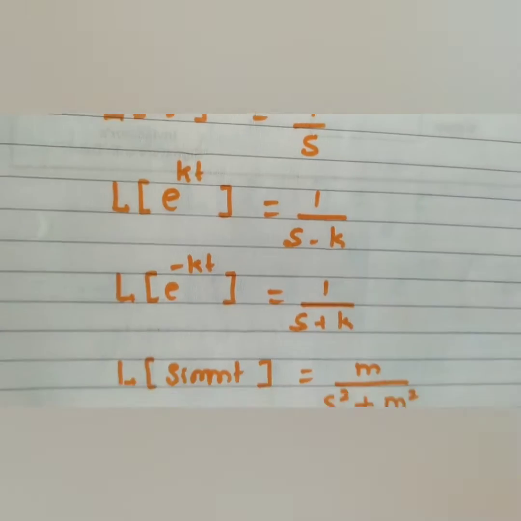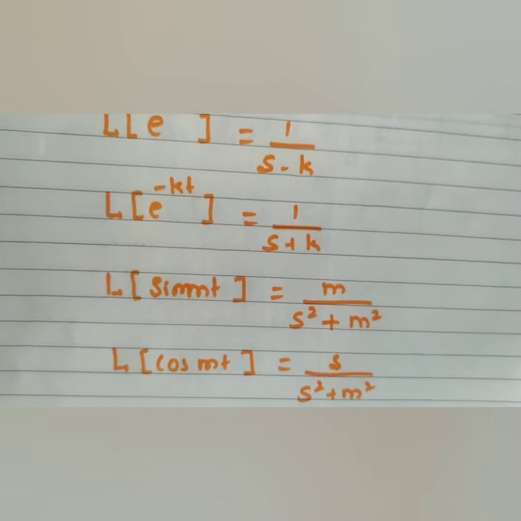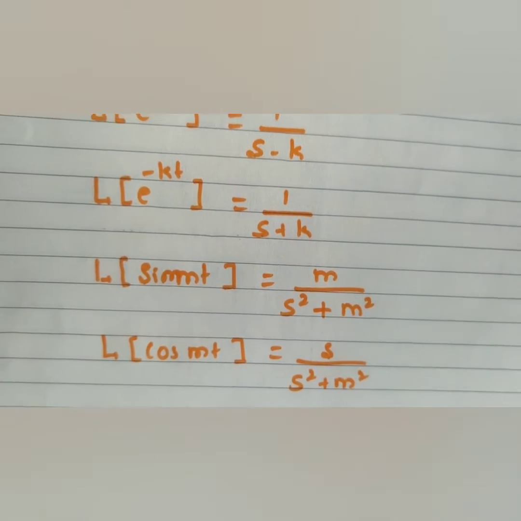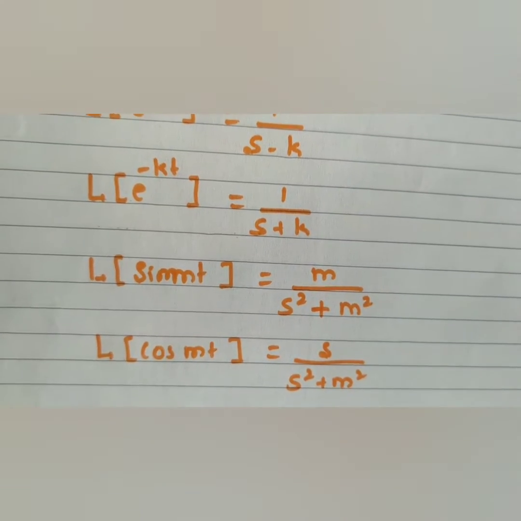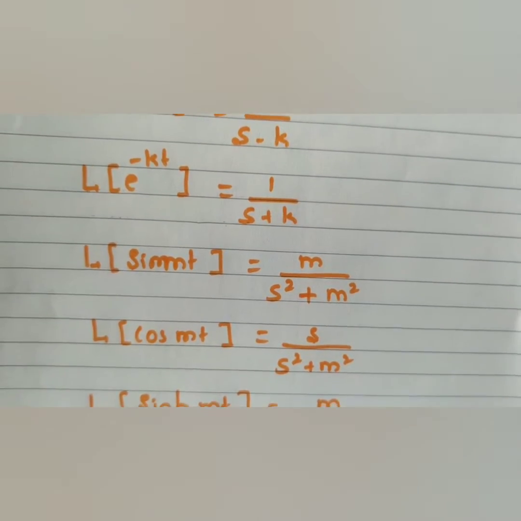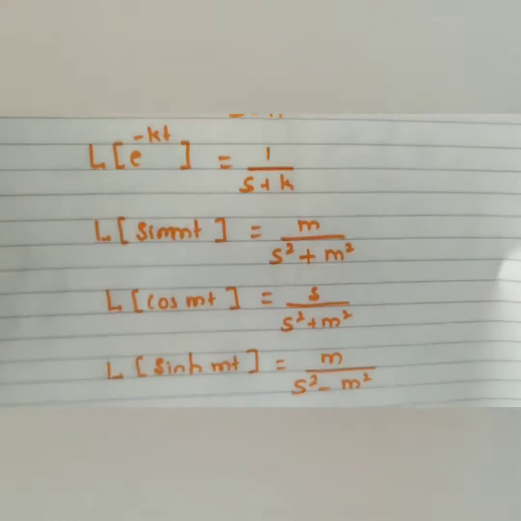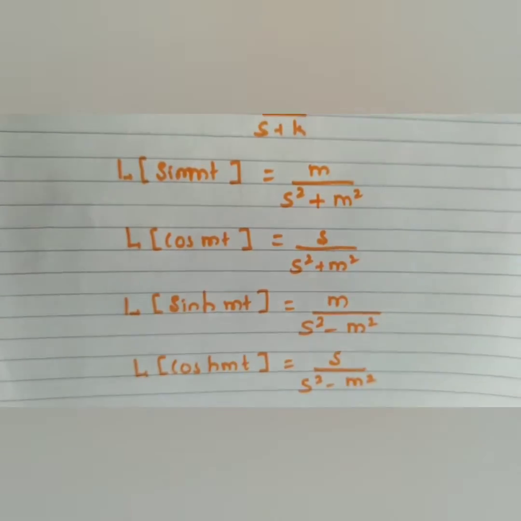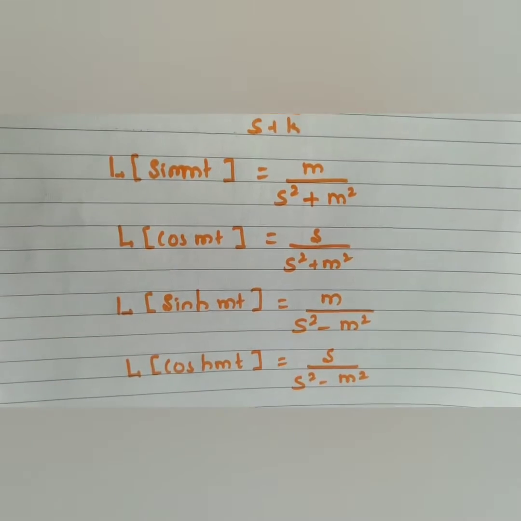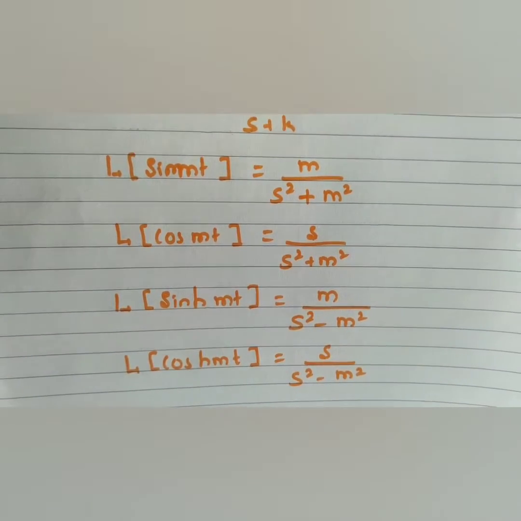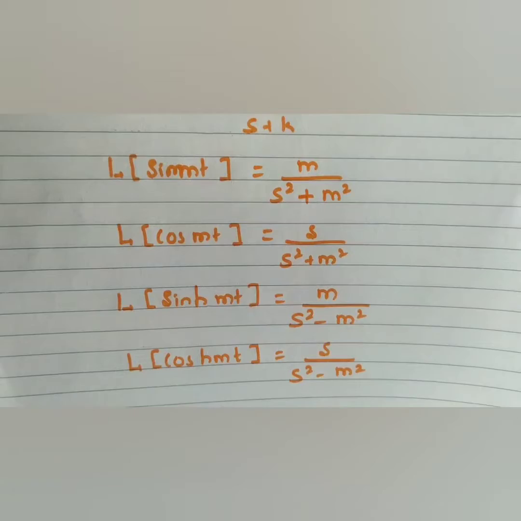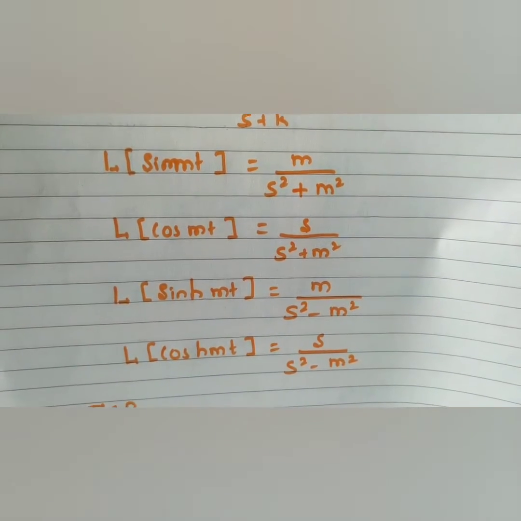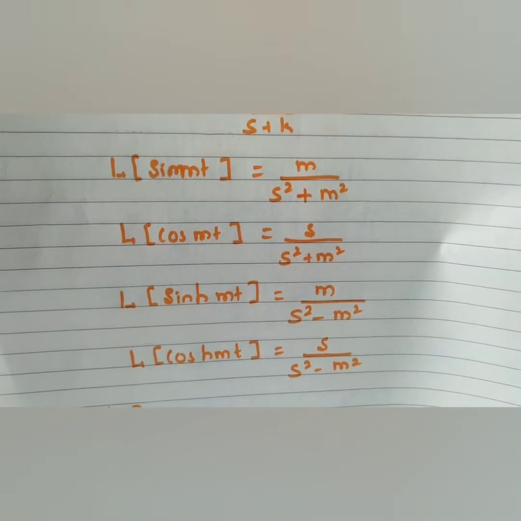And the certain trigonometric results: L of sin mt is m divided by s square plus m square, whereas L of cos mt is s divided by s square plus m square, and L of sin hyperbolic mt is m by s square minus m square, and L of cos hyperbolic mt is s by s square minus m square.